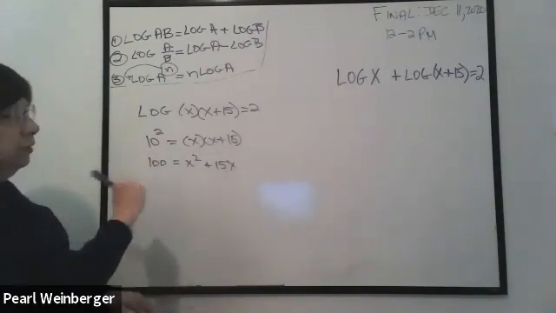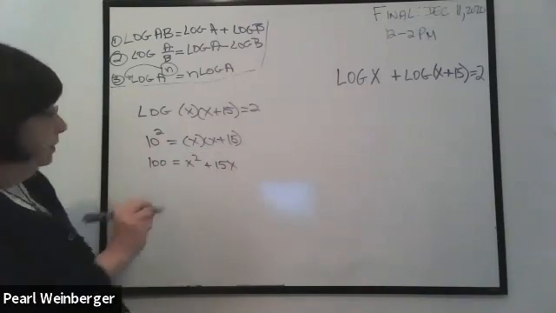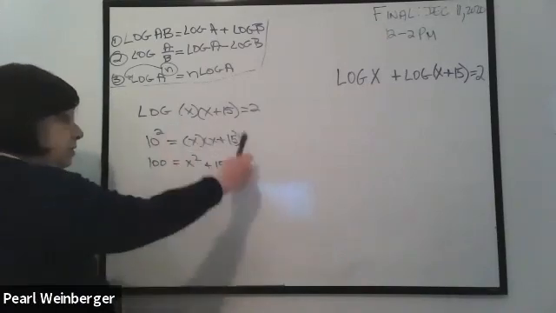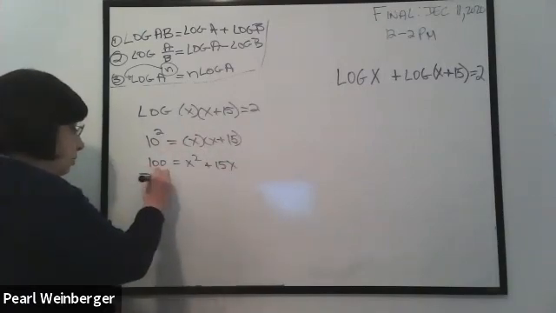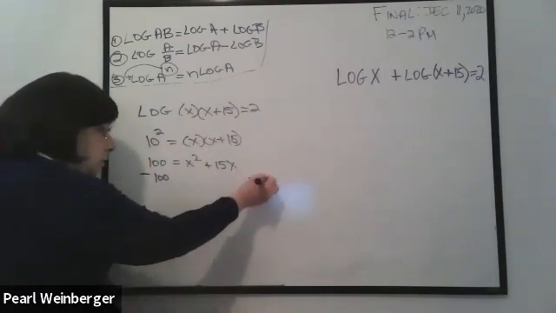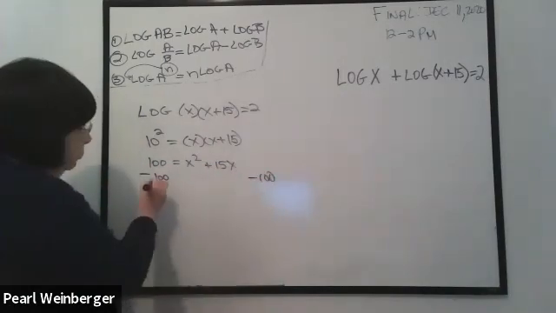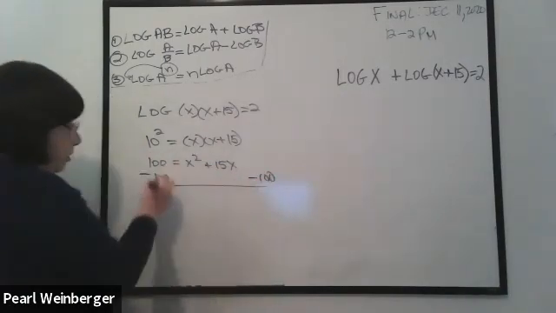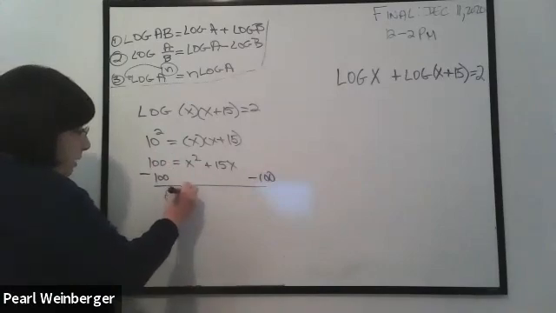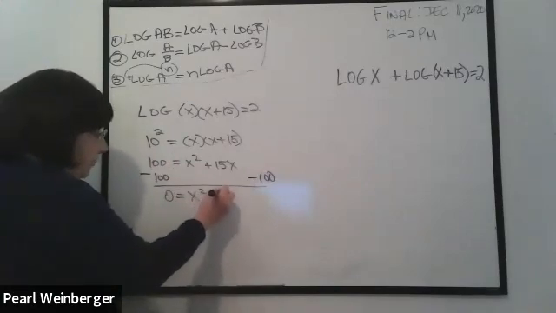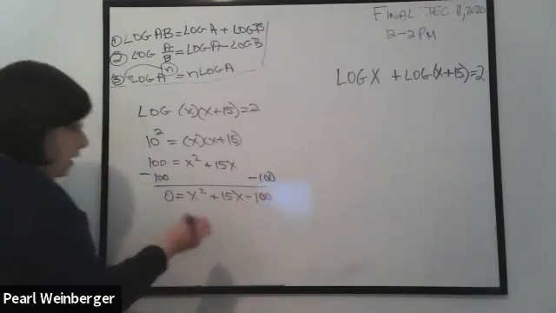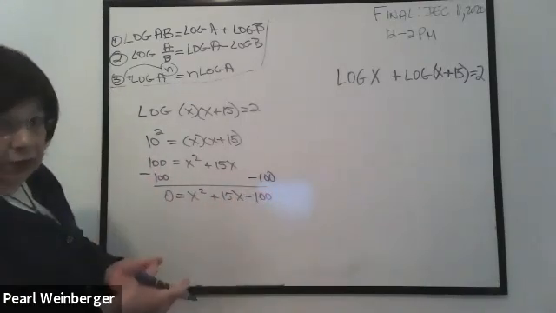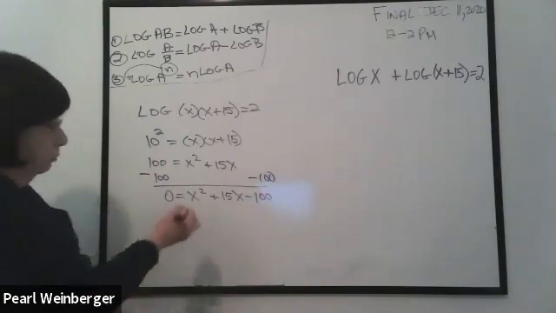And again, it's a quadratic equation, so I'm going to bring the 100 to the other side because that's the easier way to go. So that we end up with, over here equaling 0, x squared plus 15x minus 100. And again, since it's a quadratic equation, we're going to try and factor it.